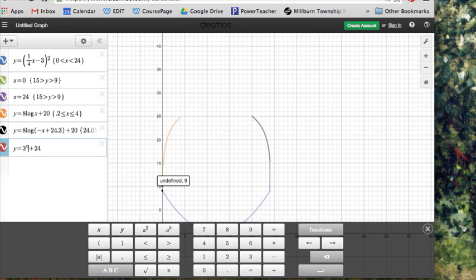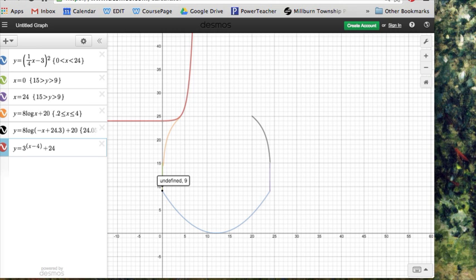X minus 3. Move it 4. All right. So maybe I could use this little piece as like a little curve here.